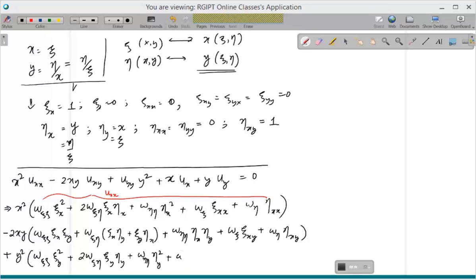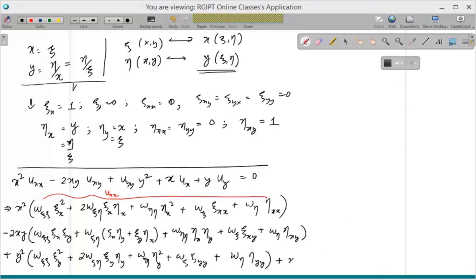So make sure that these are correct expressions. Plus beta. And let me continue.